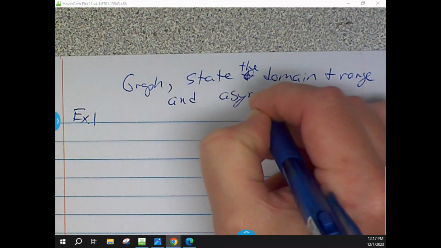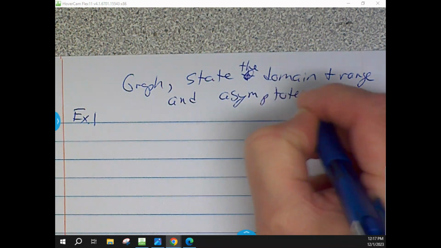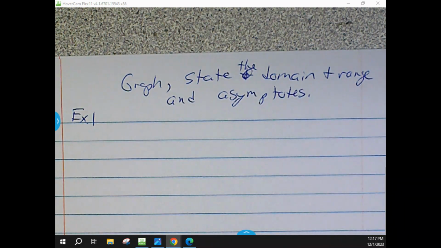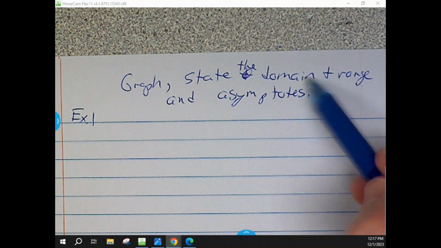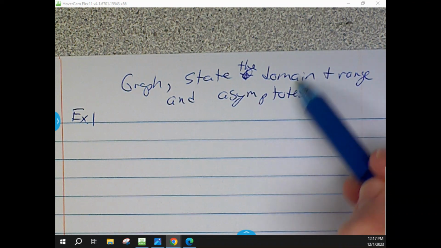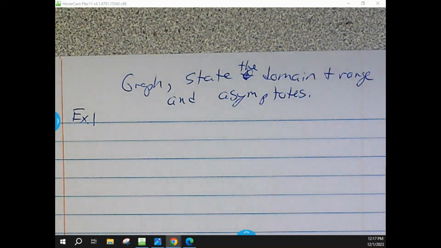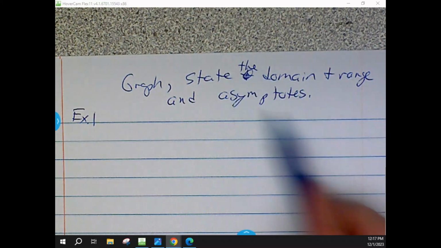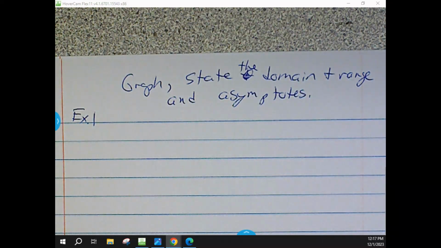And they're also going to make you talk about where the asymptotes are. So we're going to graph it, state the domain and range, and do the asymptotes. Now, here's the good thing: when you talk about the domain and the range, those numbers are also going to be the same numbers you're going to use for your asymptotes. So whenever they ask you for this stuff, it's all the same thing. It's just using the number basically twice.